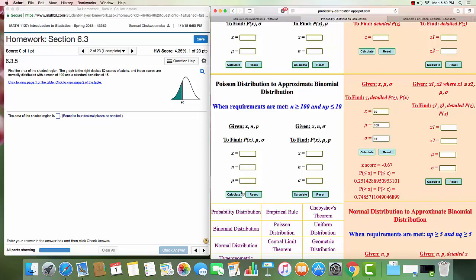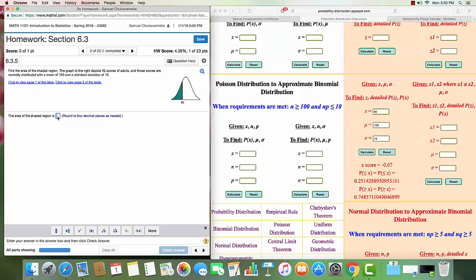I listed both the less than and greater than detailed. With my calculator, I try to make things as detailed as I can. So this is less than, the area to the left. And this will give us, to 4 decimal places, 0.2514.